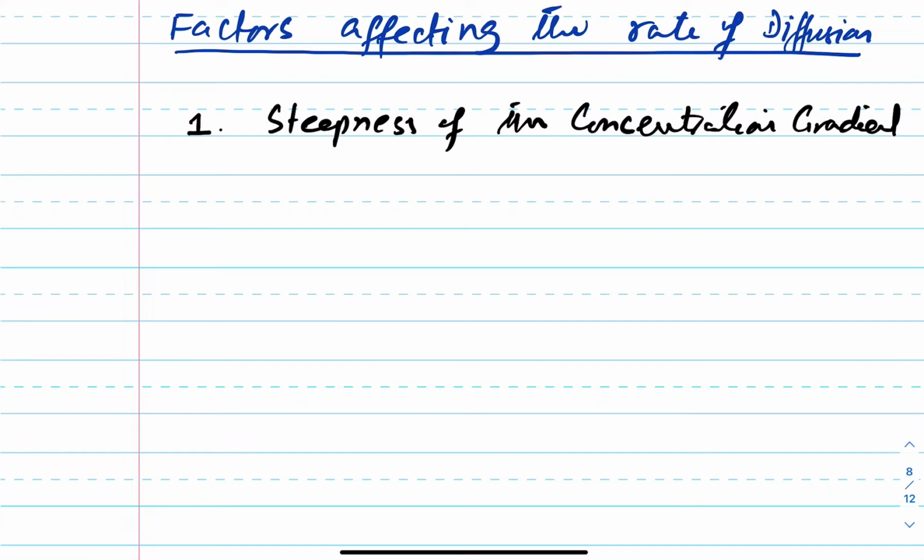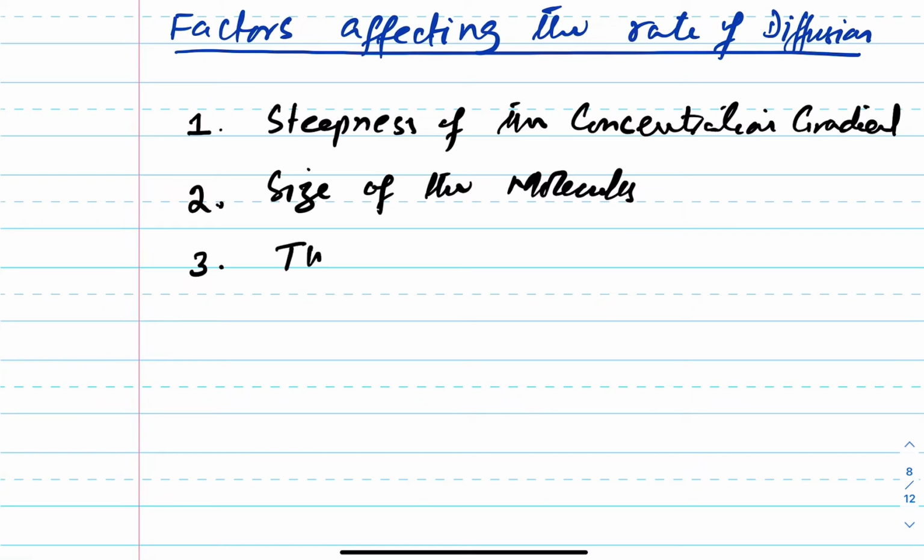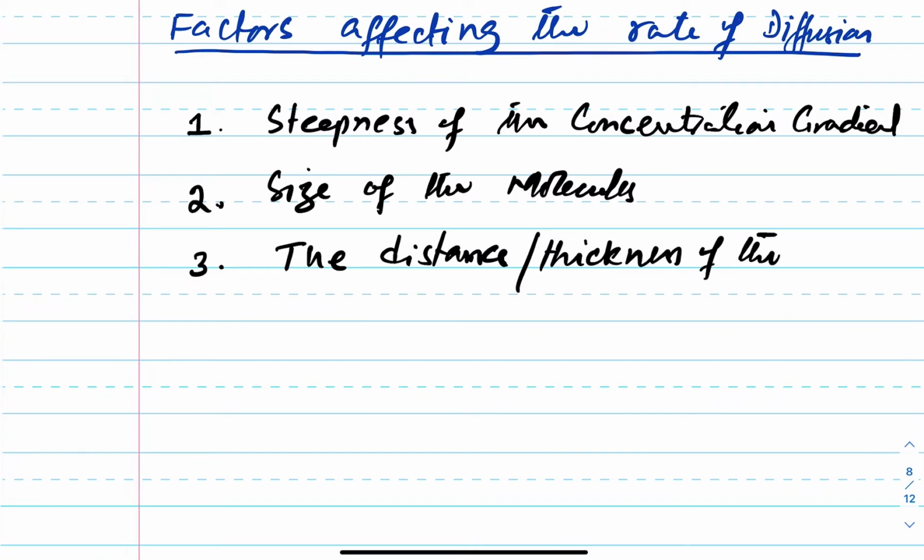Number two, size of the molecules. Number three, the distance over which the diffusion has to take place, or the thickness of the exchange surfaces.